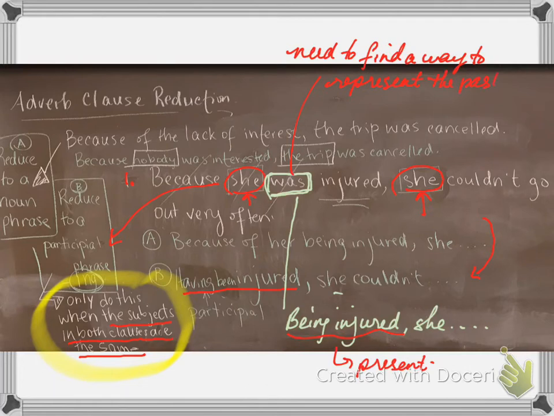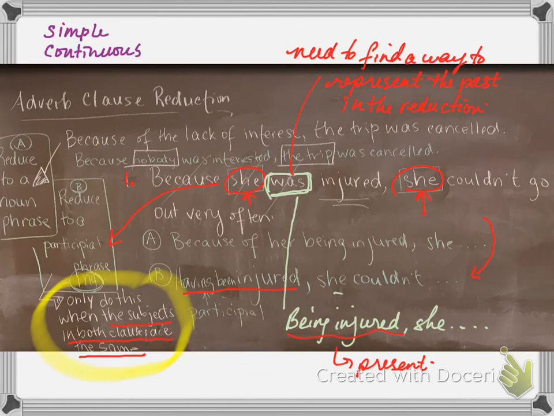And we do that by borrowing from the perfect tense reduction. So if you think about all of the different ways you know how to represent the past in English, we can represent it using the simple past. We can represent it using the continuous.